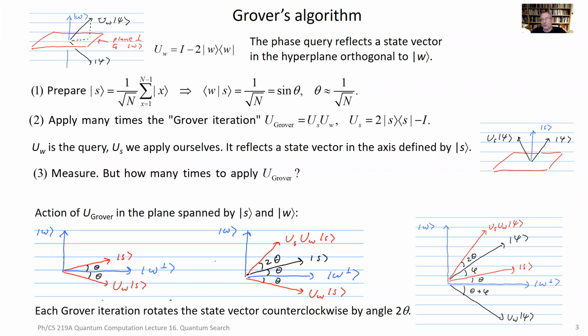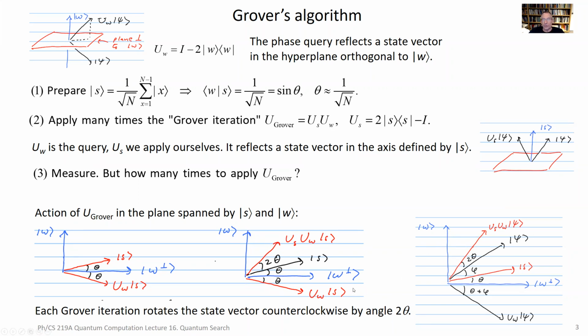And so what we want to do is keep continuing the Grover iteration until we have the maximal overlap of the vector with the marked state. Then we can measure in the computational basis and we'll find the string W with probability close to 1, okay? So we keep rotating, rotating, and rotating until the vector lines up with W, and that's when we measure.